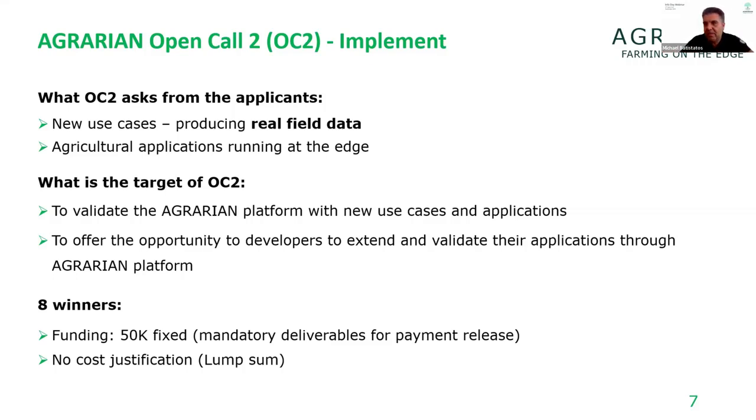We don't need a cost justification in the proposal. That's why we don't ask for it, because it is a lump sum funding. So you don't have to justify anything. You just make the proposal, the technical impact, everything we ask in the template, and you get the fixed amount of 50,000 euros.